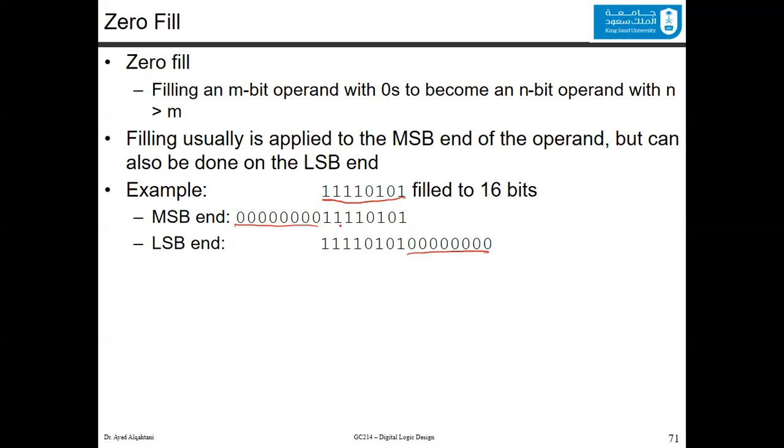So you actually do this idea, the zero filling, either to the left of the number, where you fill the most significant bits, or to the right of the number, where you fill the least significant bits. So filling usually is applied to the most significant bit end or the least significant bit end. Each one of them has its indications. Sometimes you need to fill these with zeros, sometimes you need to fill those with zeros.